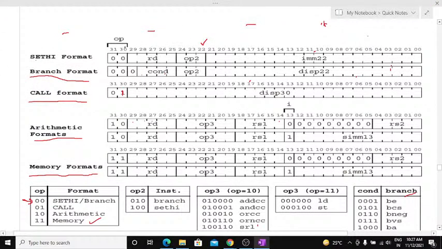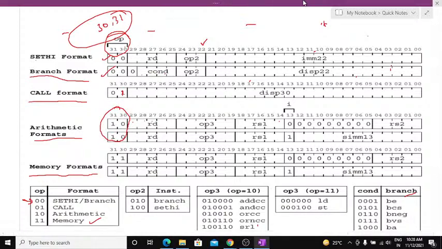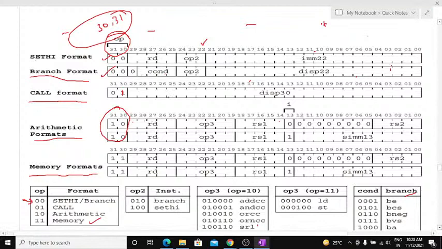So these two are the opcode, which specifies which type of instruction it is: 2 bits, the 30th bit and 31st bit. It will specify whether it is a branch related, arithmetic type, or memory type of instruction.